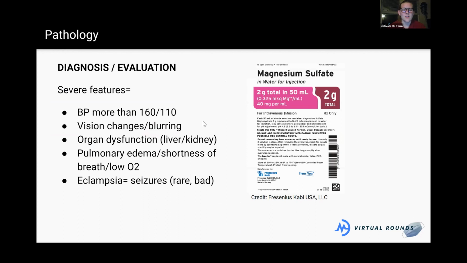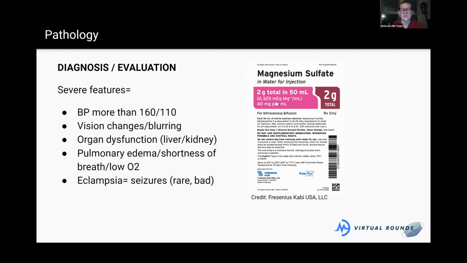Okay, so we're going to talk a little bit more about treatment. If you remember, her diagnosis was preeclampsia without severe features. Whether they have severe features or not is going to guide our treatment. So what are severe features? The severe features are having a blood pressure more than 160 over 110.